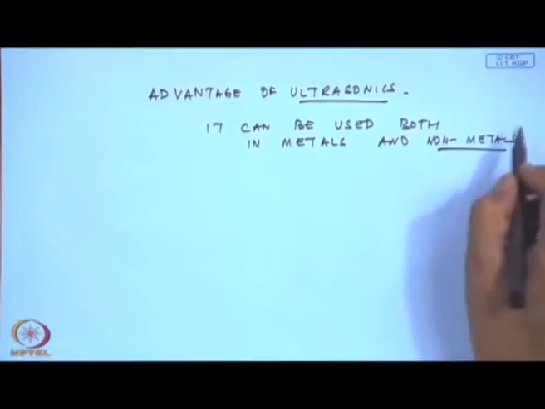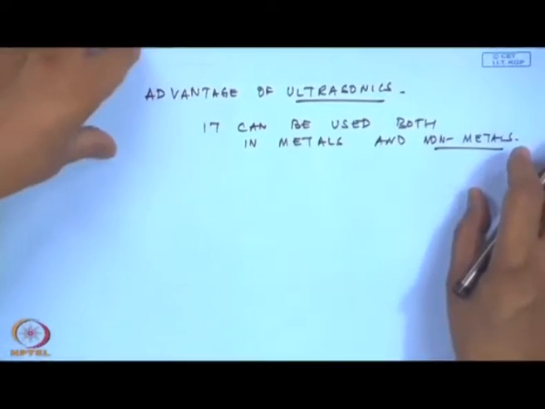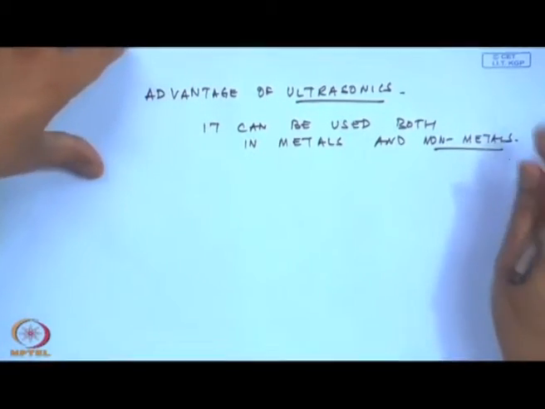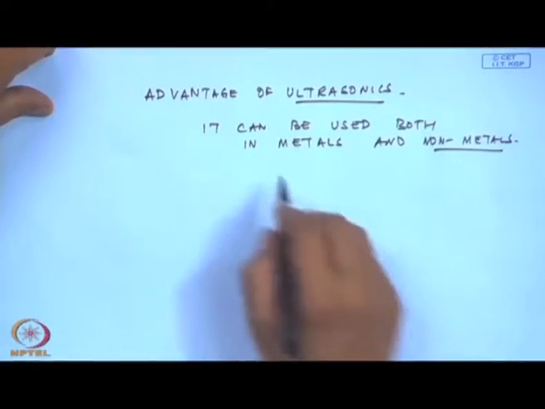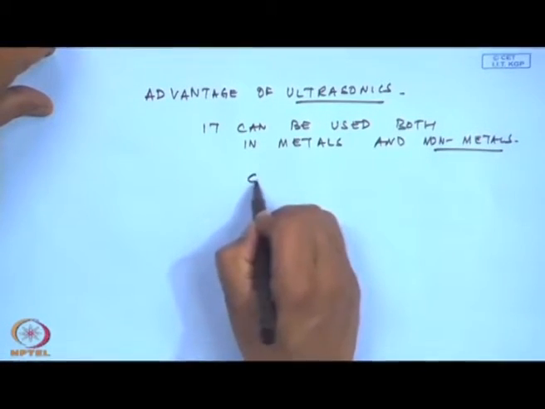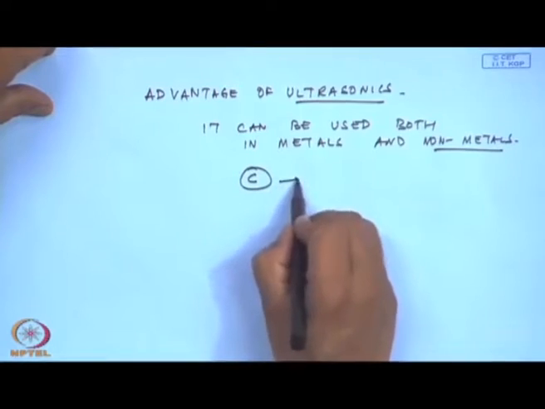Many of you may be familiar that doctors use ultrasound sonography to find out if something is wrong with you, some ailment. Only thing is that we have to know the speed of sound in that medium.